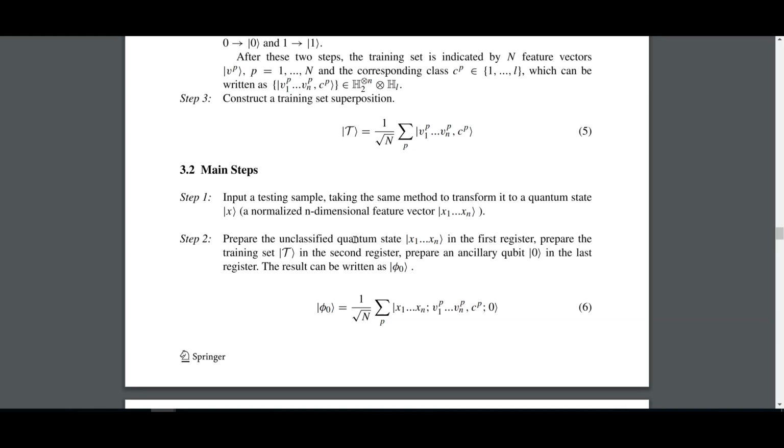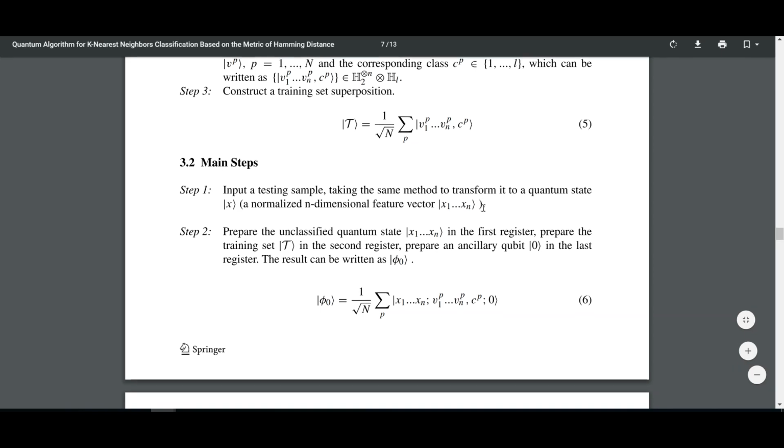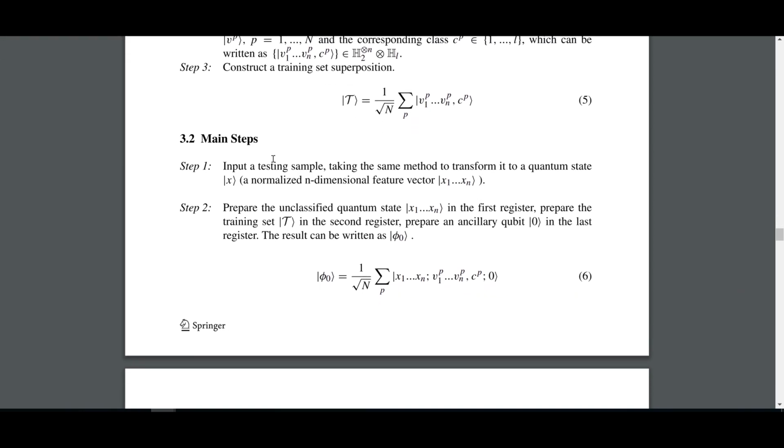So input a testing sample. Good. Now you've got a testing sample of the same form as this here. For some reason I can't use my painting tools now, sorry for that.